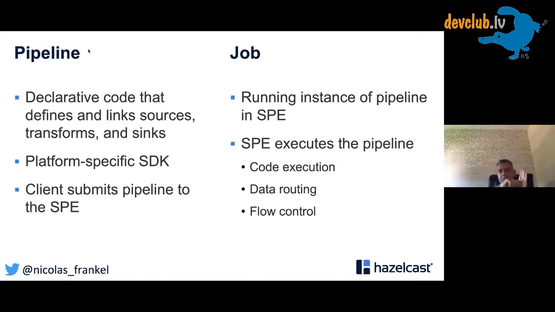I will read from that, I will transform it from there, I will do some filtering and so on. And once it's written, you have a client that will take this code and send it to the stream processing engine. The stream processing engine is responsible for the rest. It's responsible for executing the code and distributing the load over all the nodes, and also distributing the load over the processors inside.